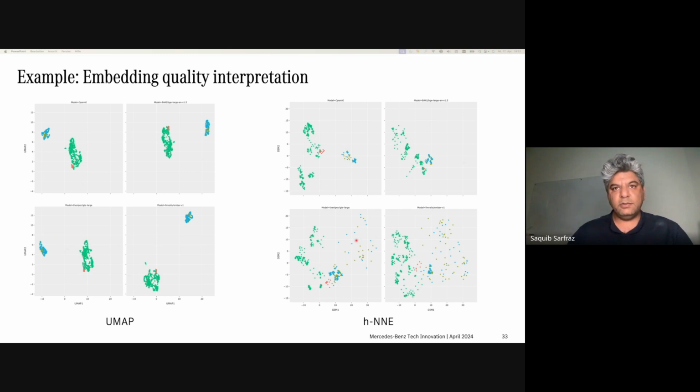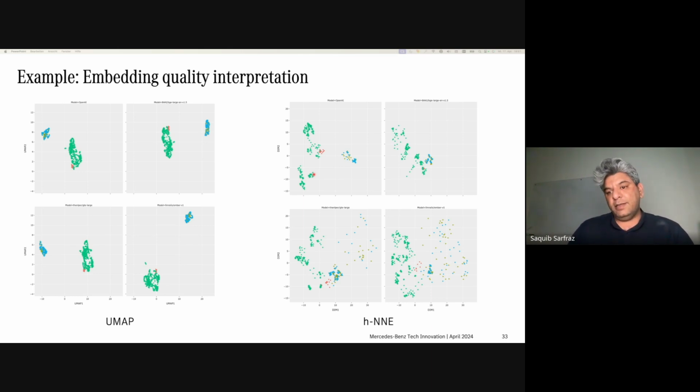So in the h-NNE view for the different embeddings, you can see the intercluster variability that is present. It shows you these islands and clusters. You can think about going into one of the clusters, seeing what the chunks are, where your query is, and getting better insights into your data for your pipeline.